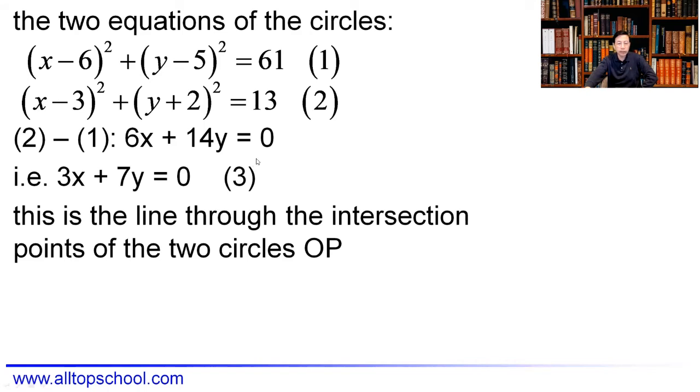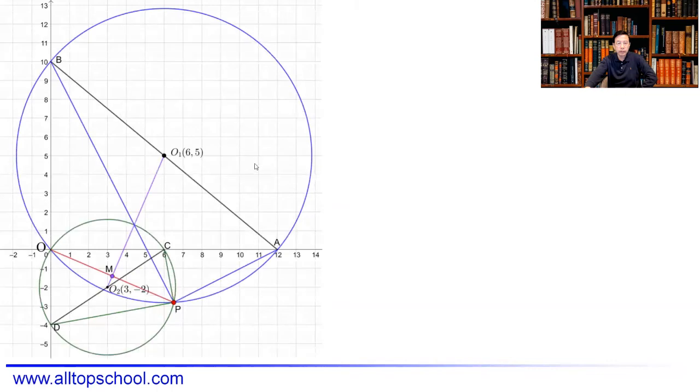So let's take a look at the diagram. You can see these are the two intersection points of the two circles. And we also have O1, O2 as the connection of the two centers. This connection will be perpendicular to OP. So once we find M, we are basically done, because that will be the midpoint of OP.